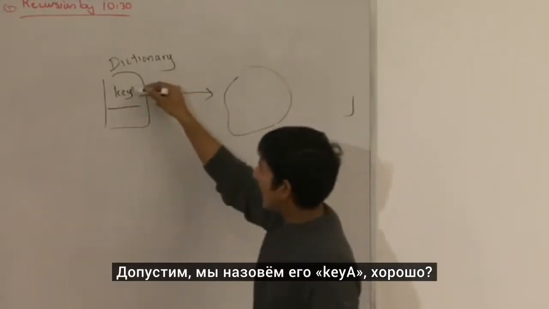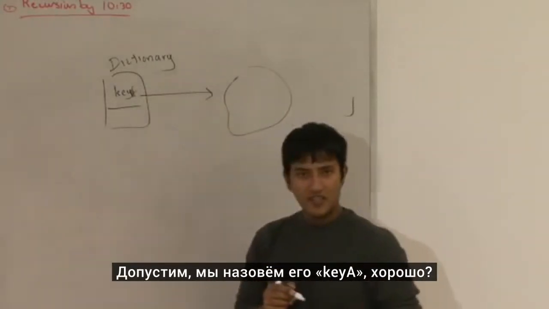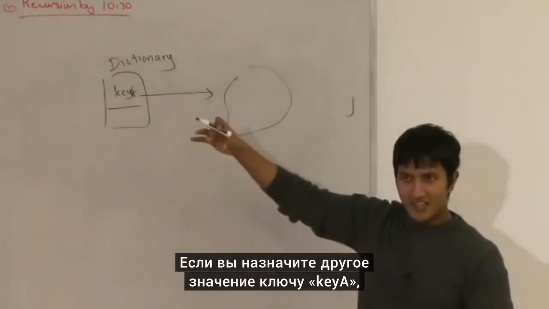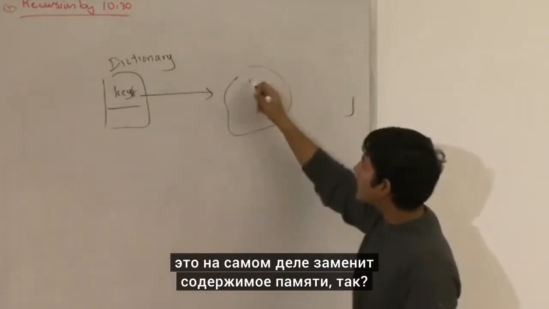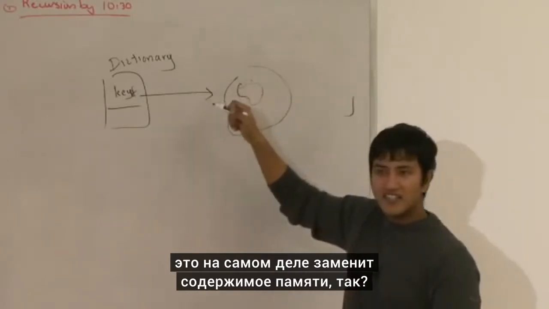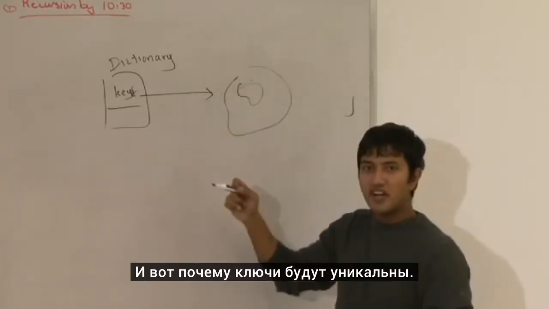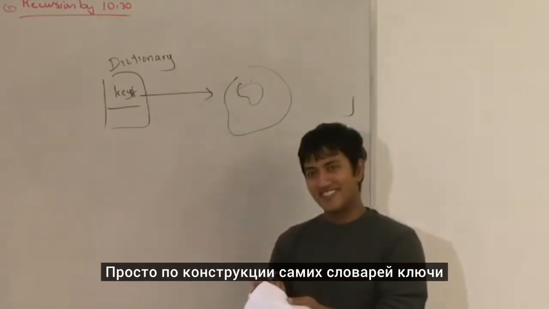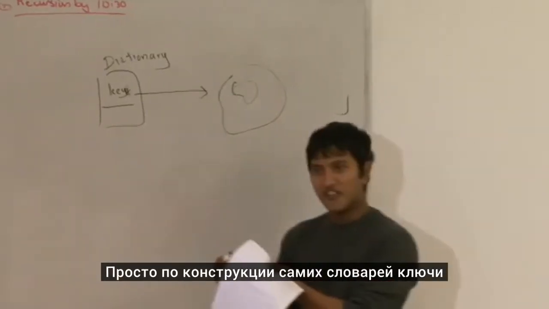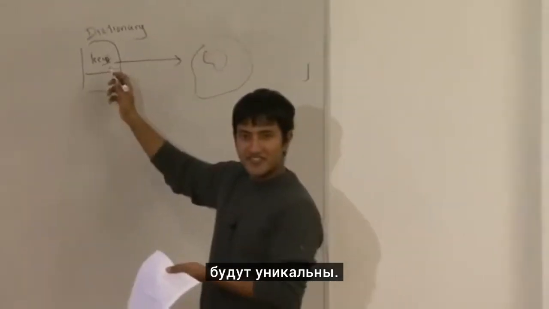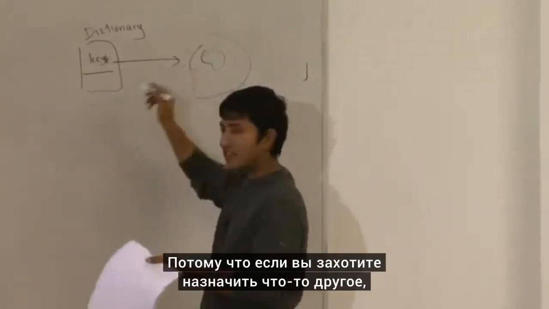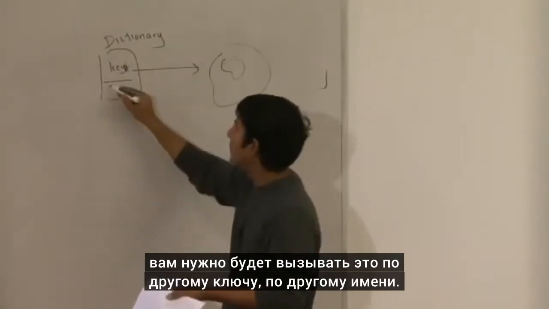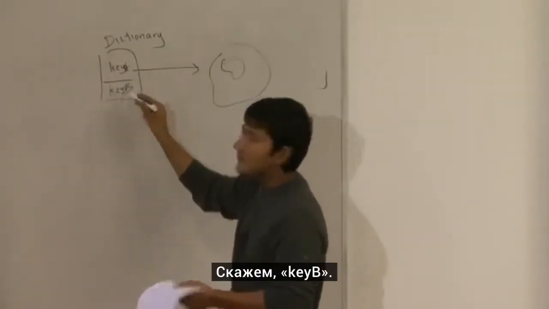Suppose you call it key A. If you assign another value to key A, that will actually replace the content in the memory, right? So that's why keys are going to be unique. It's by construction. By the construction of the dictionary, the keys are going to be unique. Because if you want to assign something different, you have to call it by a different key, call it by a different name, say key B.